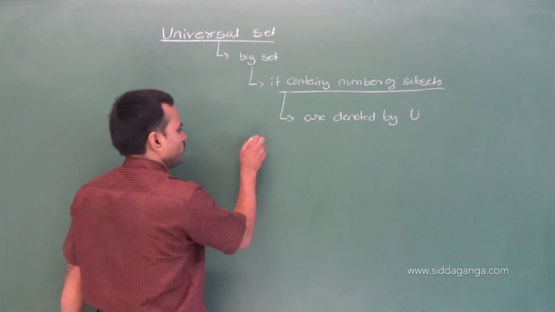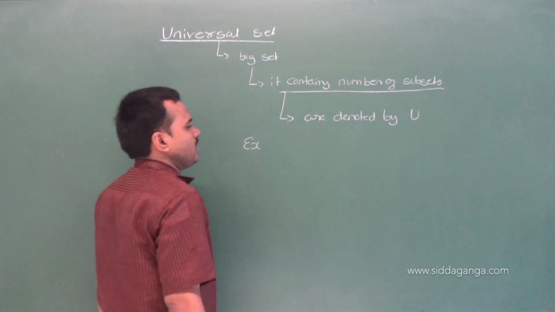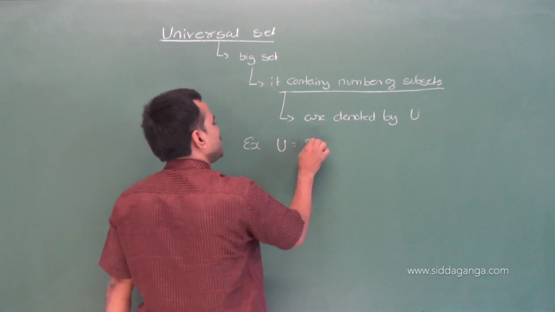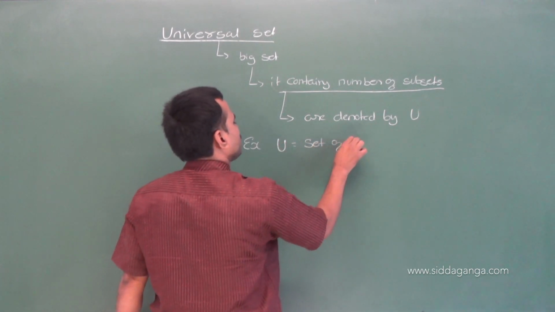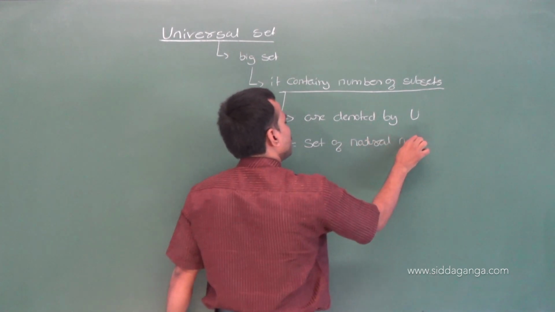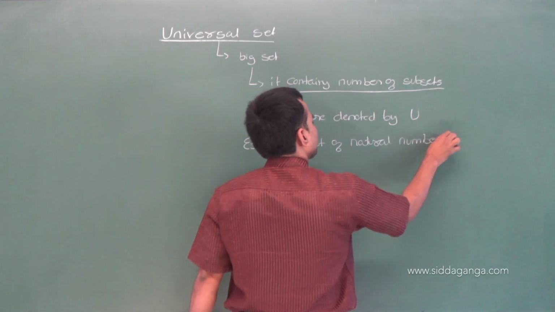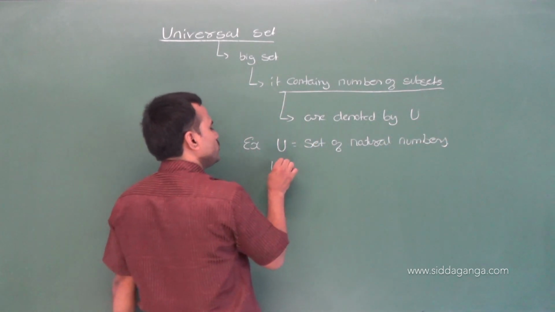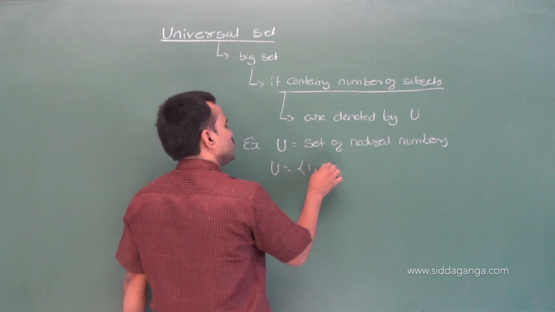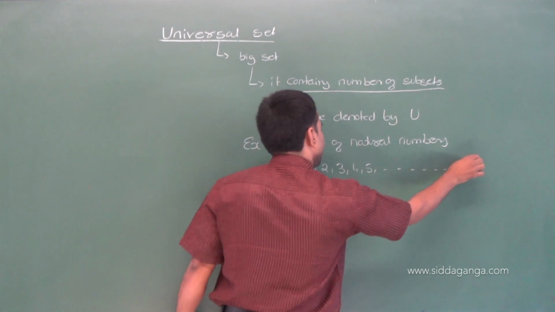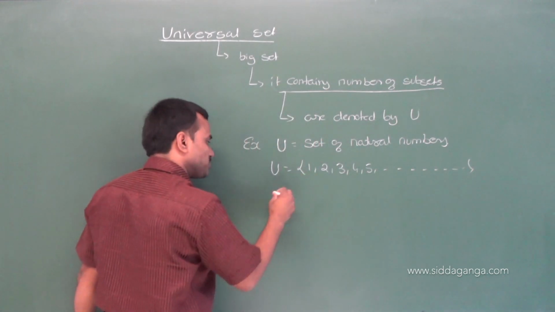One example if you want. I take U is equal to the set of natural numbers. That means U is equal to 1, 2, 3, 4, 5, like that. Then I write subsets.